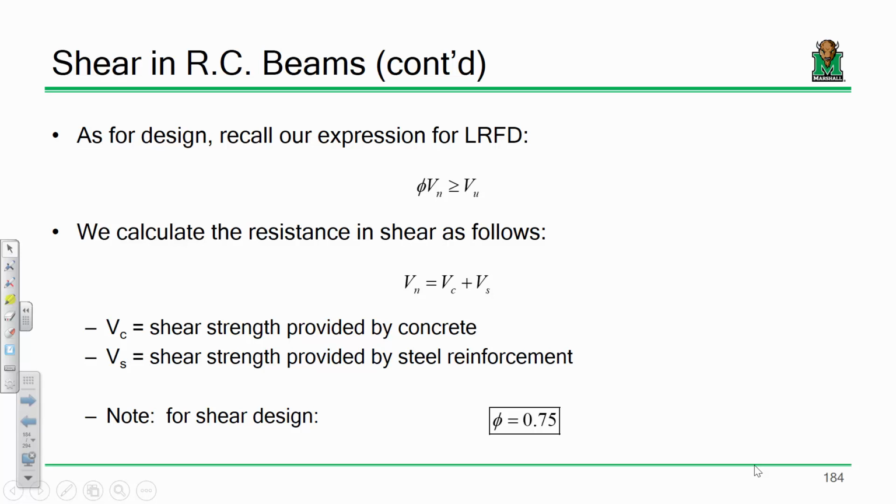So that's point one. Point two, remember how with beams we had to go through this protracted procedure to figure out what phi is? Well, the reason why was because in beams, the determination of our resistance factor was a function of the strain in the steel. In other words, that strain in the steel helped us determine whether or not we were dealing with a compression-controlled section, a tension-controlled section, or something in the transition region.